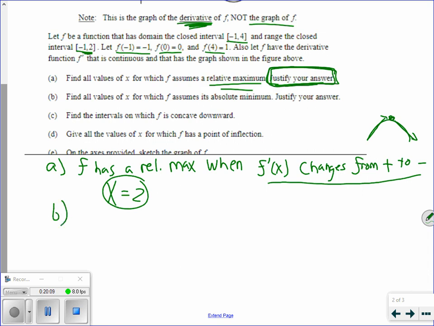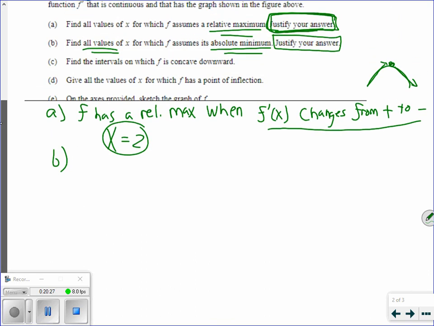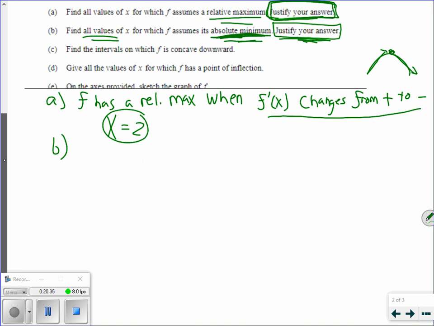Part B says find all values of x for which f assumes its absolute minimum. Justify your answer. Again, we are going to start with the justification. And this is where the justification comes into play. Absolute minimum or maximum, the justification on a closed interval, is the extreme value theorem.